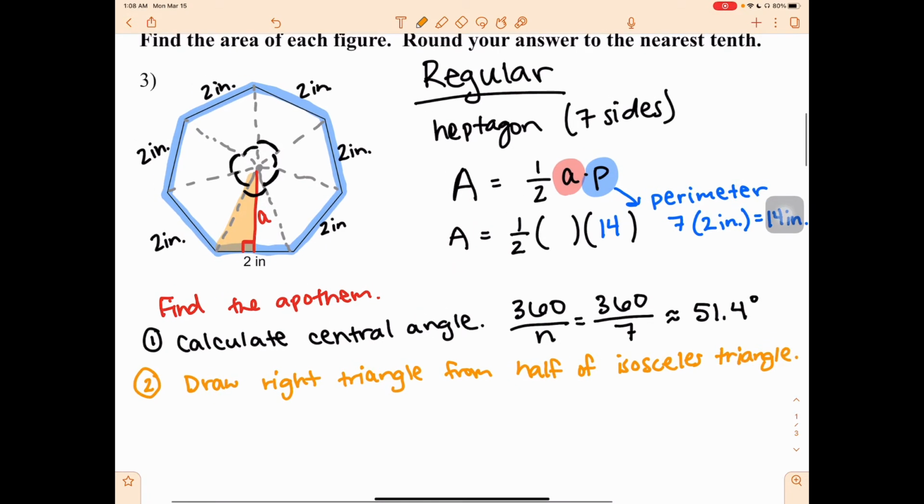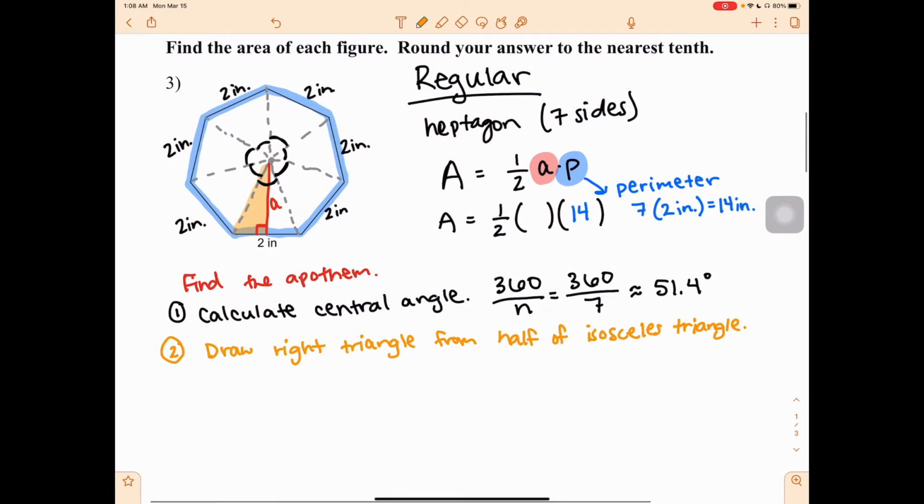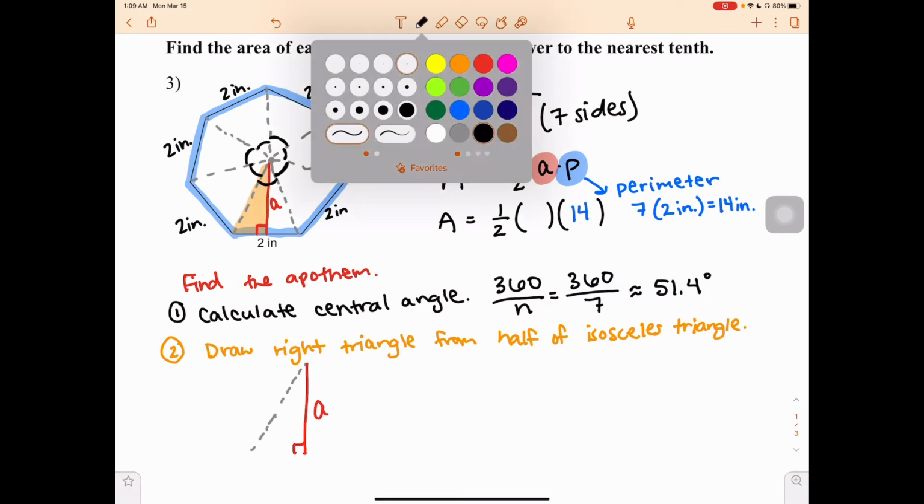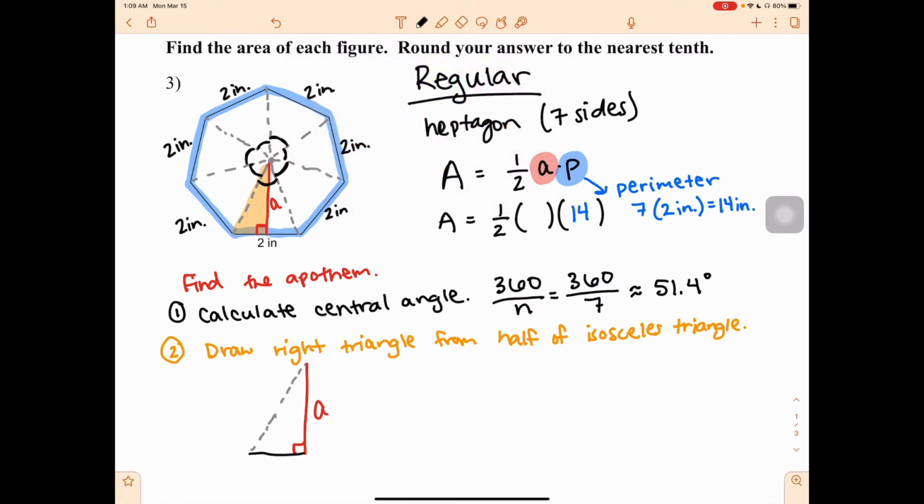Okay, so I'm going to draw that figure. So if I have that right triangle, and this is the apothem, it's just the same triangle from up above. All right, I'm just making it a little bit bigger.